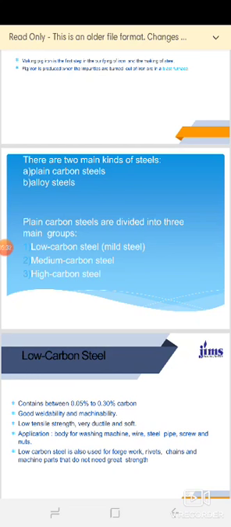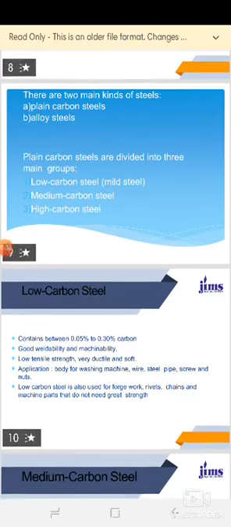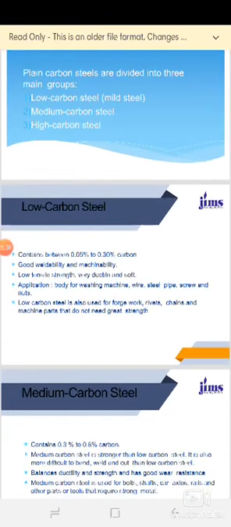First of all, let us discuss low carbon steel. It contains about 0.05 to 0.3% of carbon. It has good weldability and machinability. Its tensile strength is very low, and it is very ductile and soft.